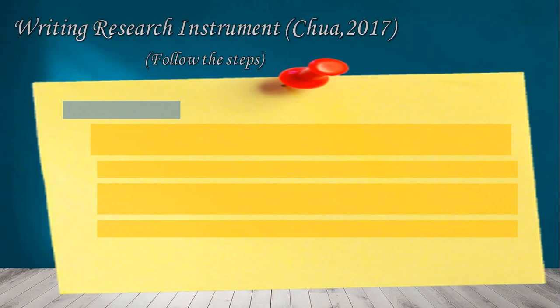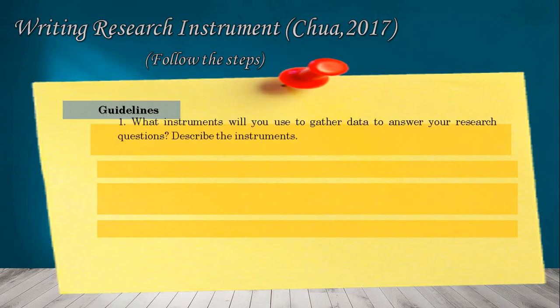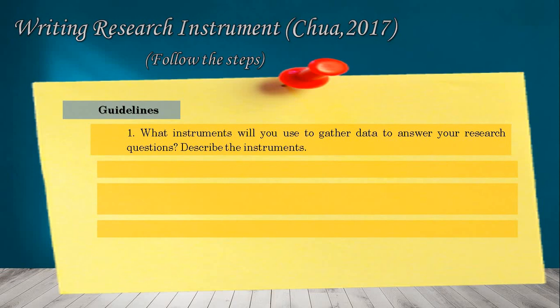These are the steps on how to write the research instrument. These are the guidelines. First, what instruments will you use to gather data to answer your research questions? Describe the instruments. For example, the researcher will use a questionnaire or self-made questionnaire, and the researcher will describe the self-made questionnaire that they will choose.